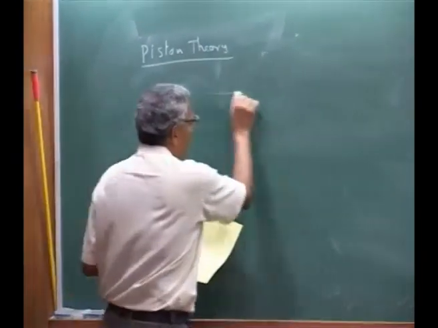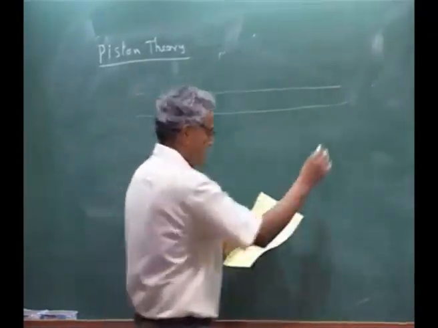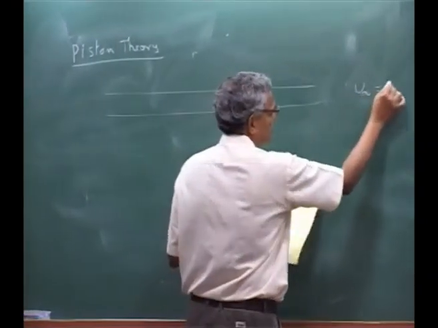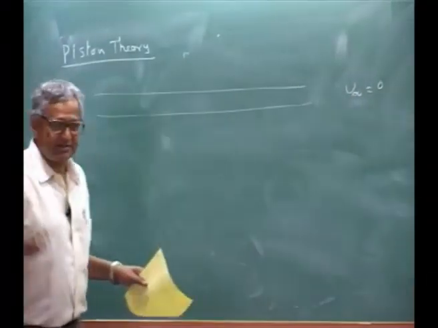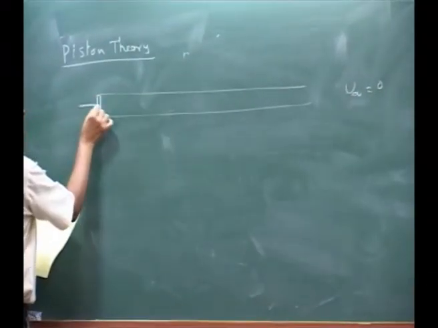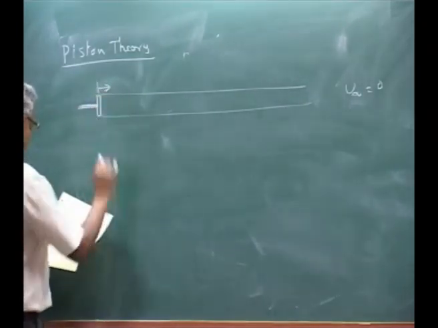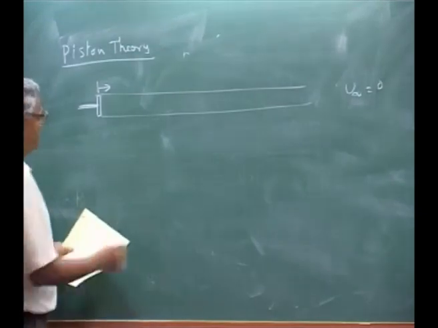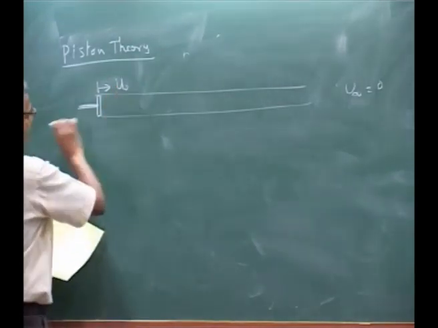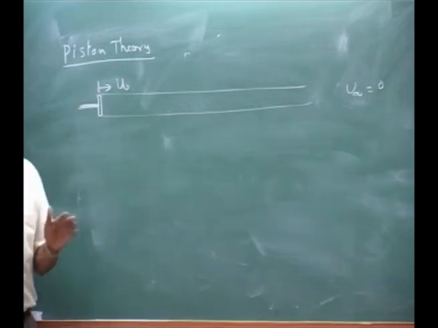You assume a very long piston, and here there is no flow, it is stationary. You put a piston here. The piston is given a velocity, say u0. What is the pressure that acts on the piston?